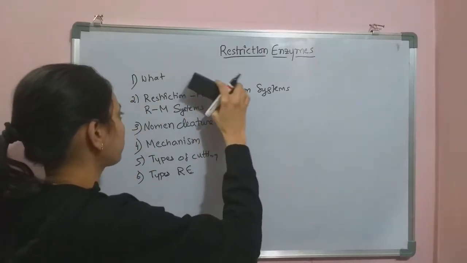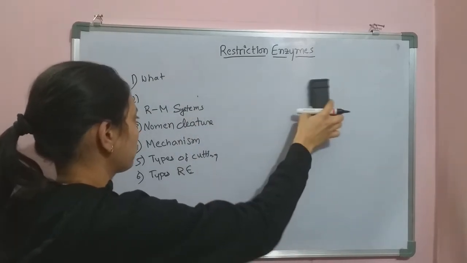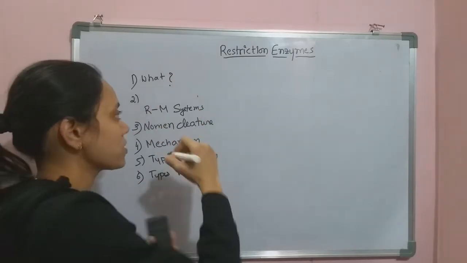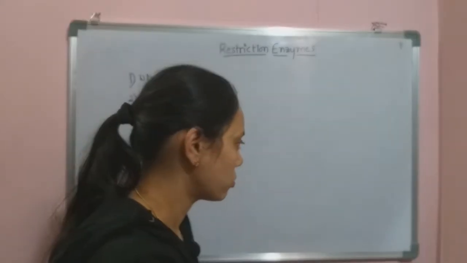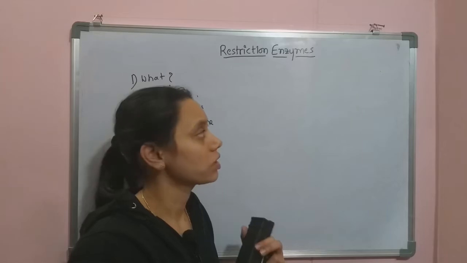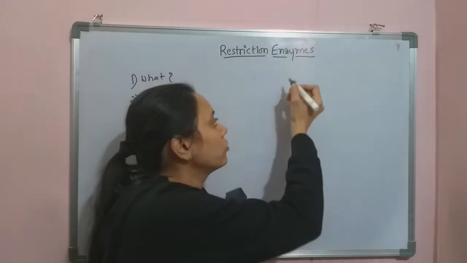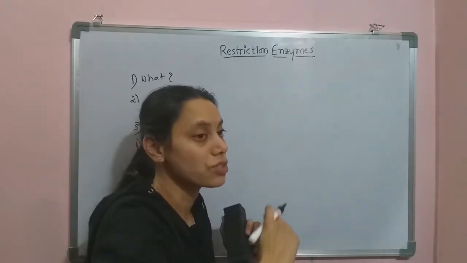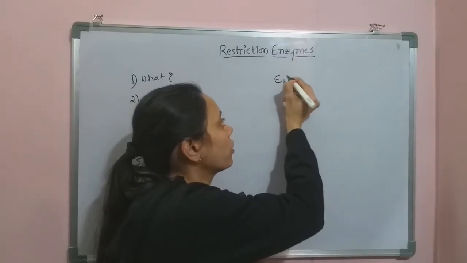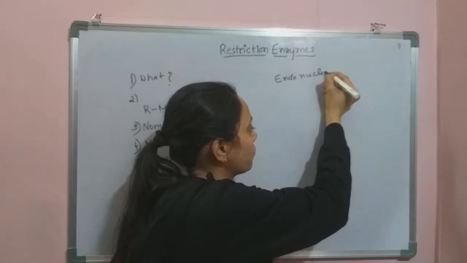So coming to the first point, what are restriction enzymes and what is their significance? The name indicates these are enzymes, and the full name of restriction enzymes is restriction endonucleases. That means these are a type of endonucleases.